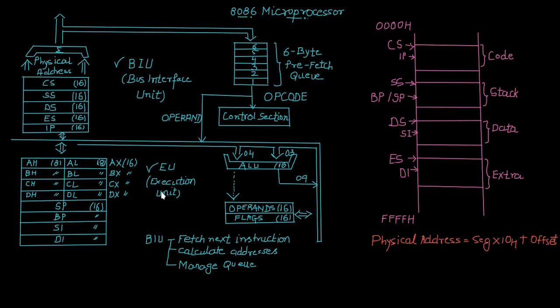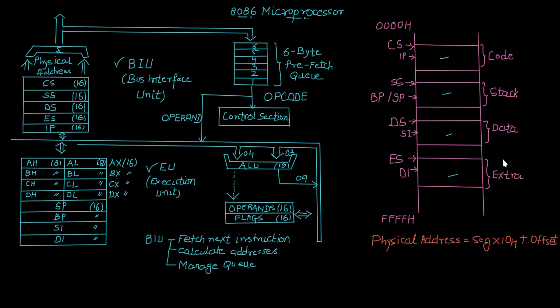The BIU, the bus interface unit, fetches the next instruction, and all the instructions reside in our main memory. This is the main memory, and you can see that we have divided it into four segments: 1, 2, 3, and 4. These segments are the CS, SS, DS, and ES: the code segment, the stack segment, the data segment, and the extra segment.